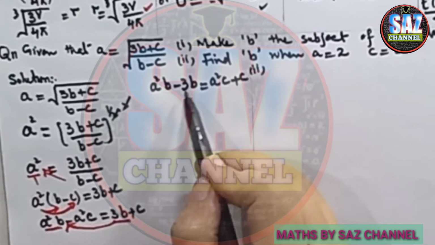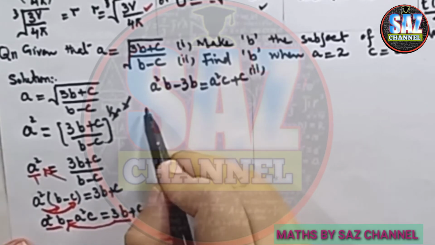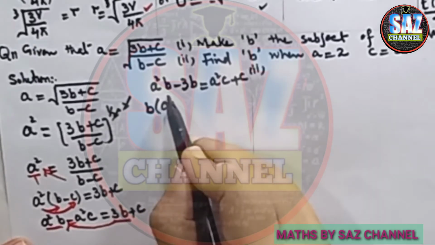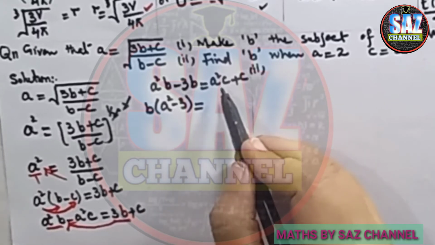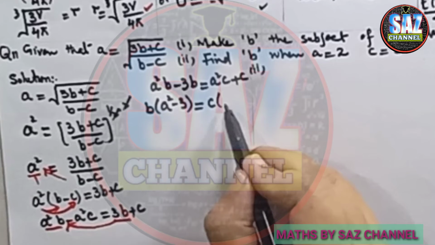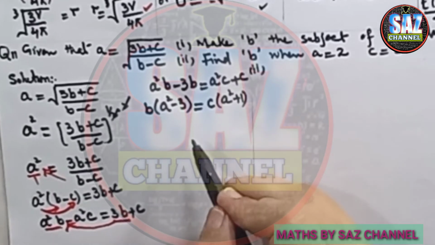Now we can see that on the left hand side both terms have b with them, so we can pull out b, and inside the bracket I will be left with a square minus 3, equal to, here again we can see that letter c is common, so I can take it out, and this side will become a square plus 1 inside the bracket.